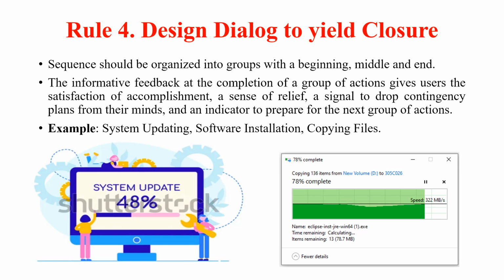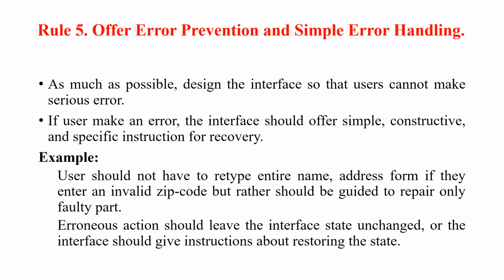Next, the fifth rule is offer error prevention and simple error handling. As much as possible, design the interface so that users cannot make a serious error. If the user makes an error, the interface should offer simple, constructive and specific instructions for recovery.